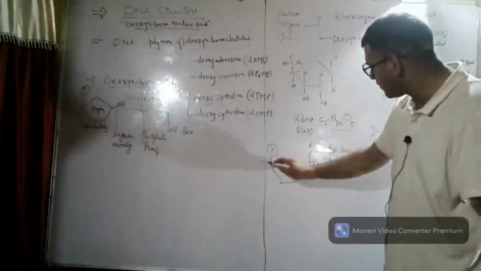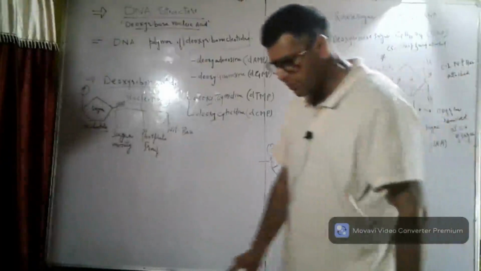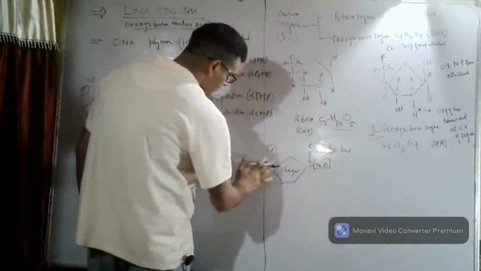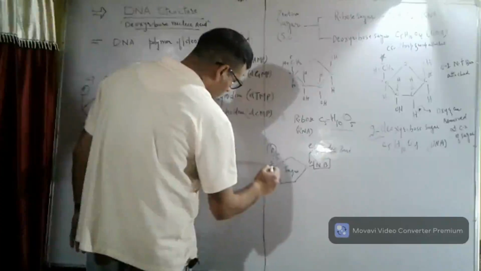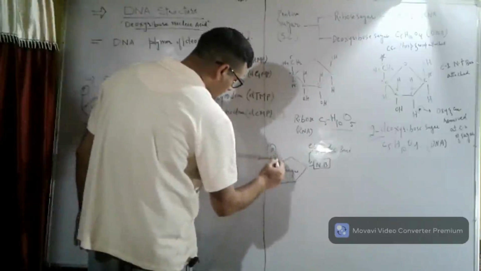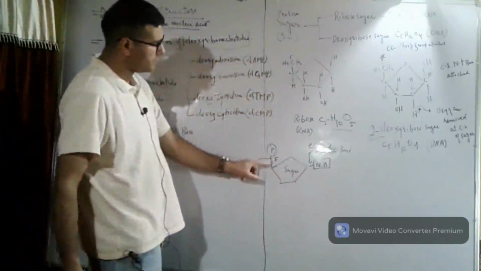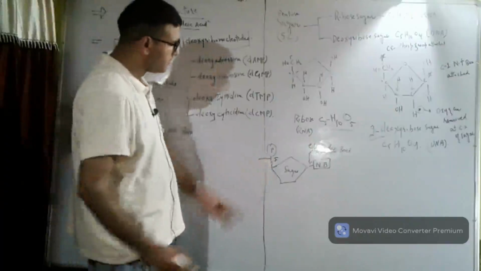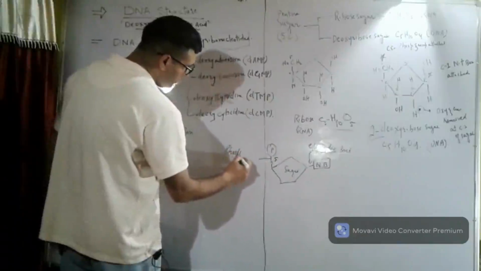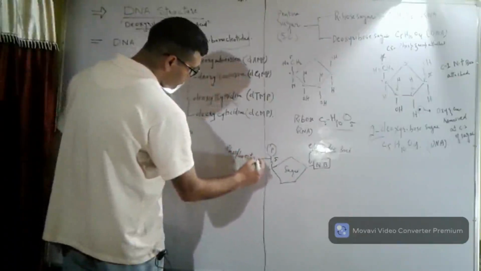So here what type of bond would be there? Phosphoester bond. So this is for example carbon 5. This phosphate group is attached to the carbon 5 of the sugar by means of bond that is called as phosphoester bond.